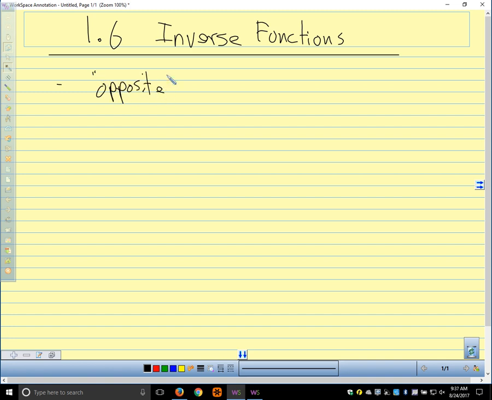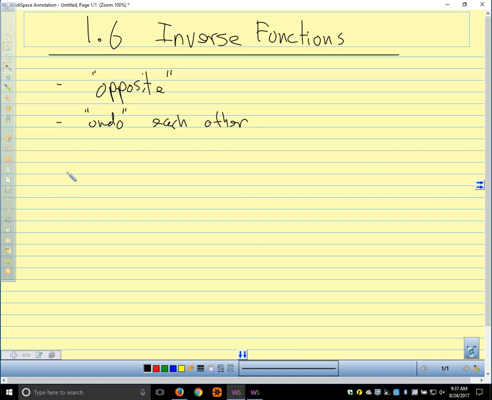I'm going to put this in kind of an everyday way. By opposite, what do we mean? Like they undo each other. Nice. Undo each other. So they're opposite. They undo each other.